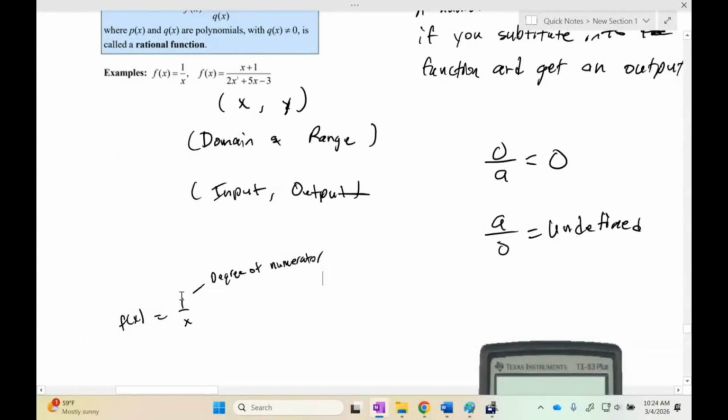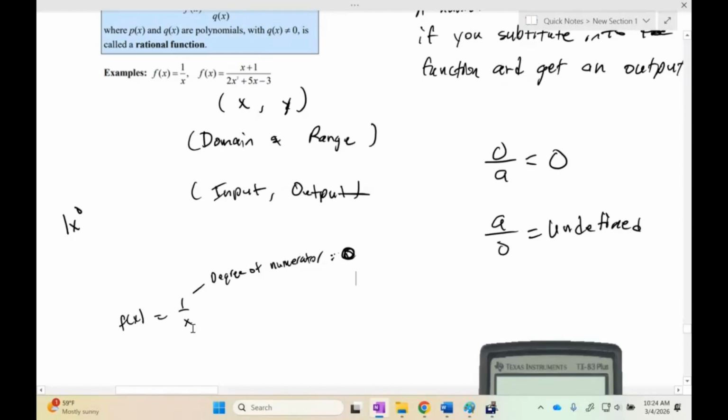The degree of any constant is 0. So the degree of the numerator is going to be 0. Technically I could attach a variable and an exponent, because anything to the 0 power is 1. 1 times 1 is 1. That's not changing the value, but I can attach a variable and a power, and that power is the degree. So that's 0. The degree of any constant is 0.